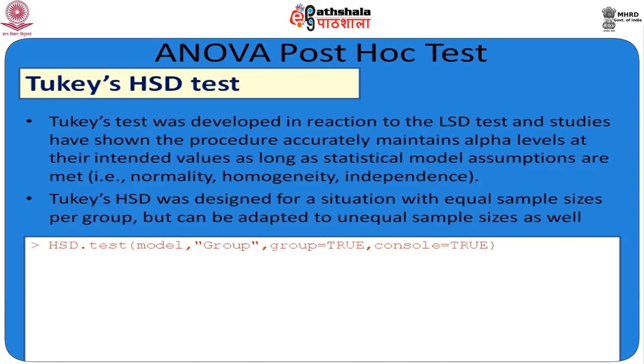For that, I'll use this function. This is not the only function for Tukey HSD, but for this context I am going to use the HSD.test function. Alternatively, you have TukeyHSD, another function. I am using this function from the agricolae package, and in the same manner, just to keep parity with the other tests, console equals true, model equals true.